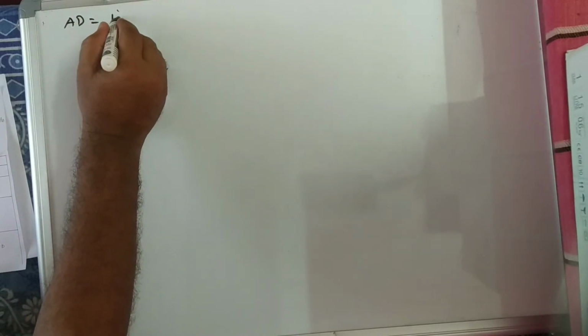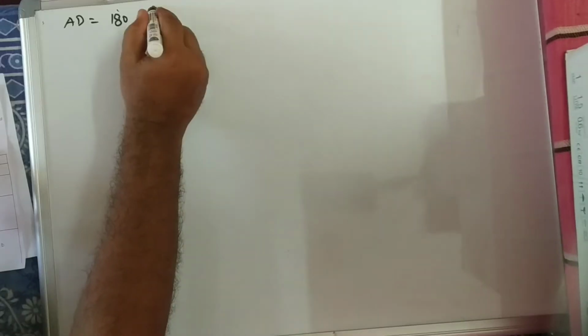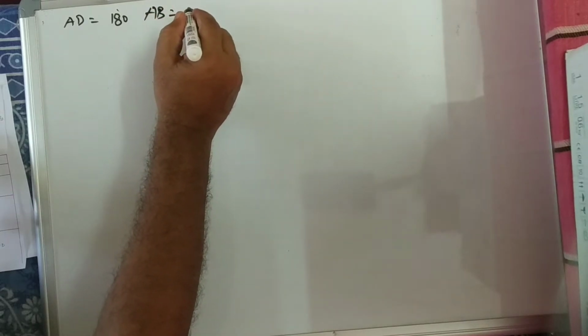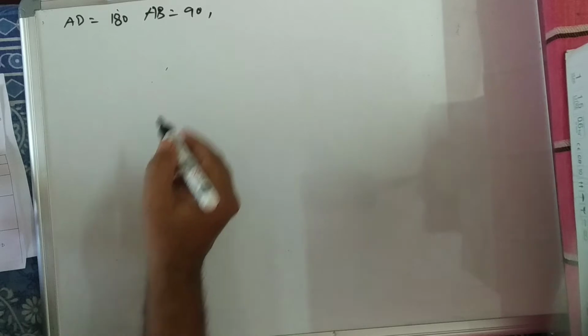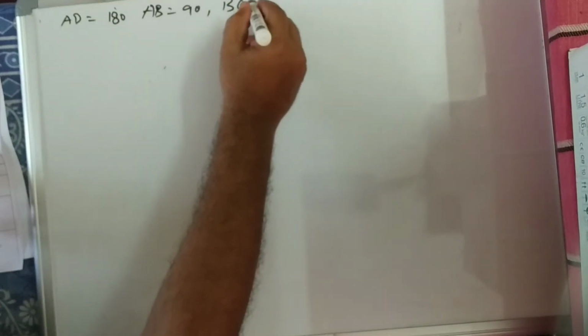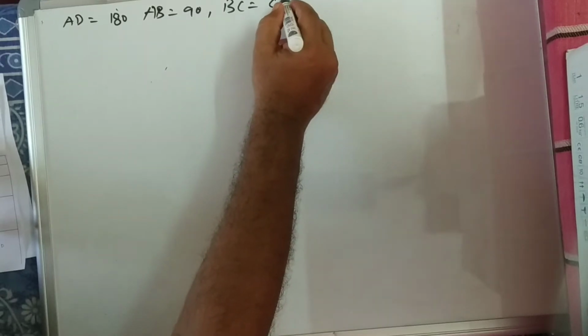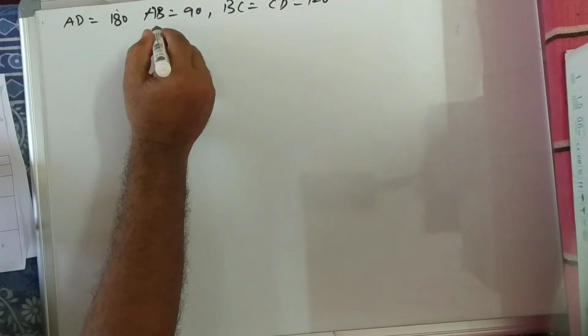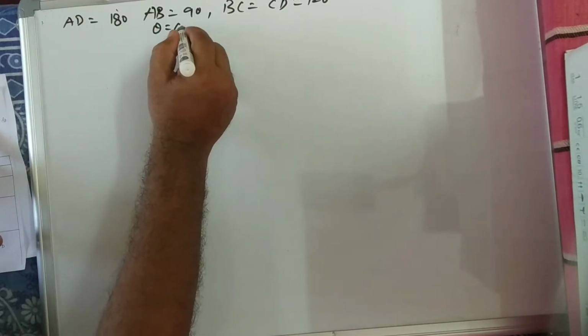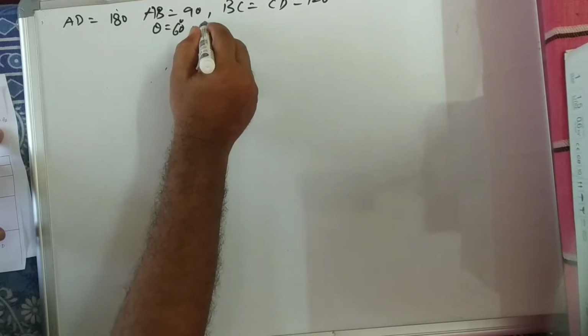Fixed link AD is equal to 180 mm, link AB is equal to 90 mm, link BC and CD are equal to 120 mm, and link AB makes an angle of 60 degrees with AD.